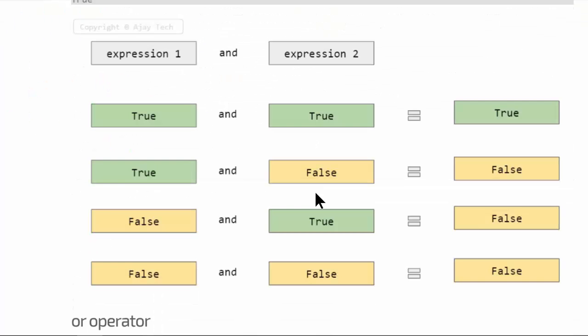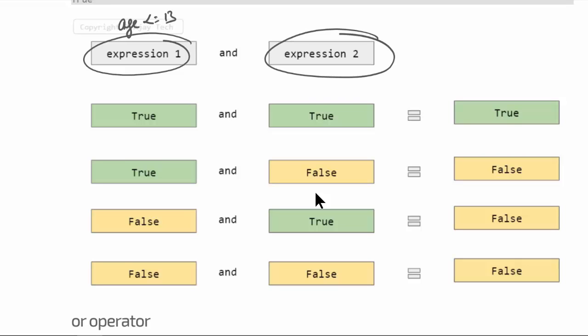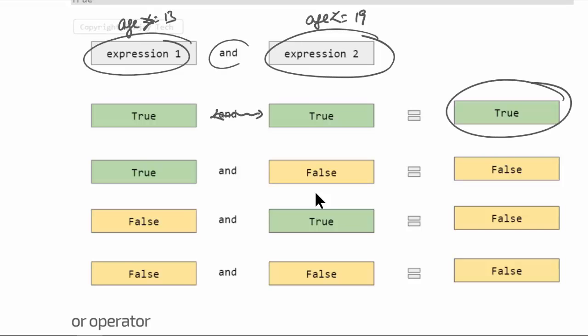And here's a quick picture on how it actually works. So say there are two expressions. In this case, this was age greater than or equal to 13, and then age less than or equal to 19. That's how we want to define a teenage. Now if both these are true, if it is really a teenage, both these conditions should be true, and the resulting operator from this AND will be true.